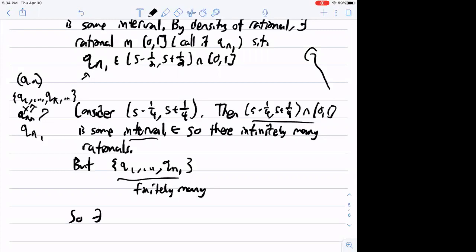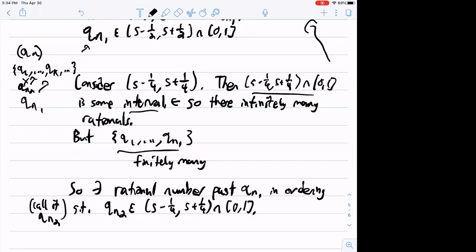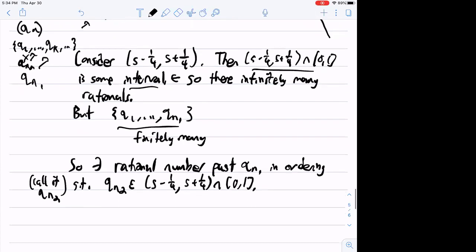So there exists a rational number past Qn1 in ordering, I write like this, in ordering, such that, call it Qn2 such that Qn2 is in this interval. So yeah, this is just the extra argument you need. Everything else flows smoothly, right? And then same thing.